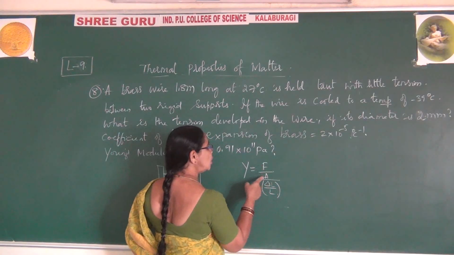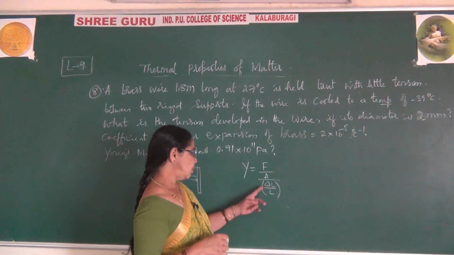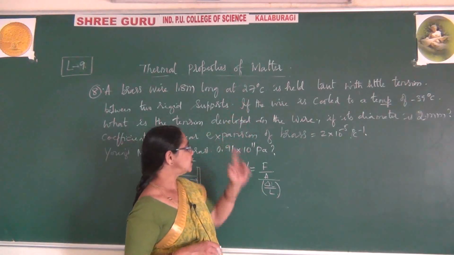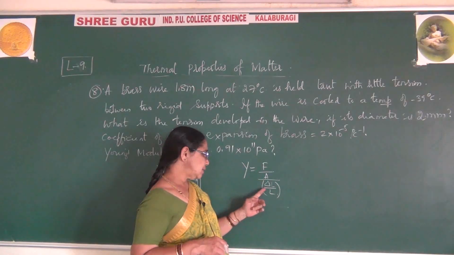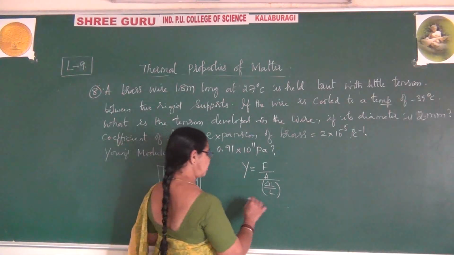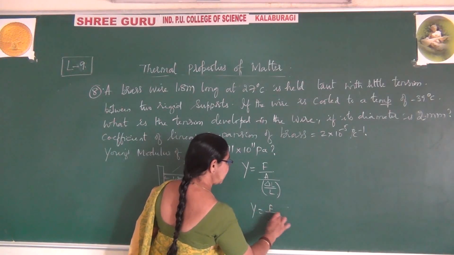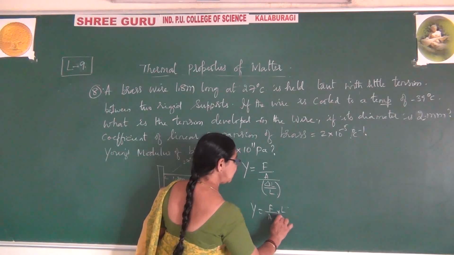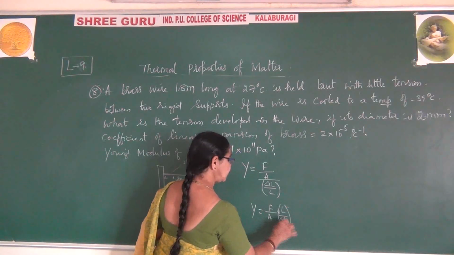This is longitudinal stress over longitudinal strain, but here we are explaining with respect to thermal stress and thermal strain. If you rewrite this formula, you get F by A into L by delta L.